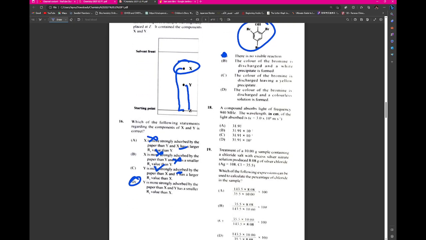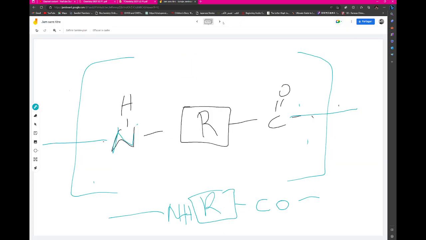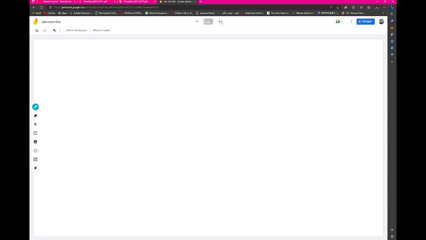A compound absorbs light at frequency 940 megahertz. The wavelength in centimeters of the light absorbed is, right? What would it be? So we have to look at this now. So if we remember, wavelength lambda should be equal to the speed of light over the frequency.